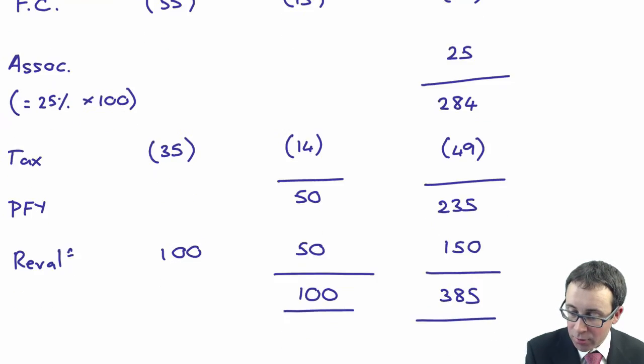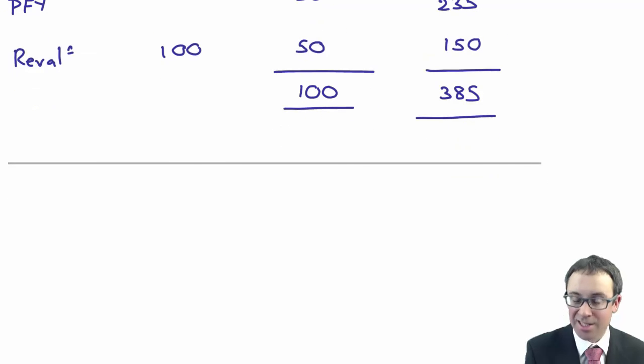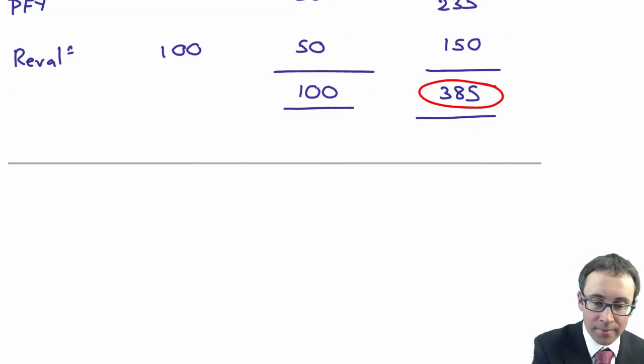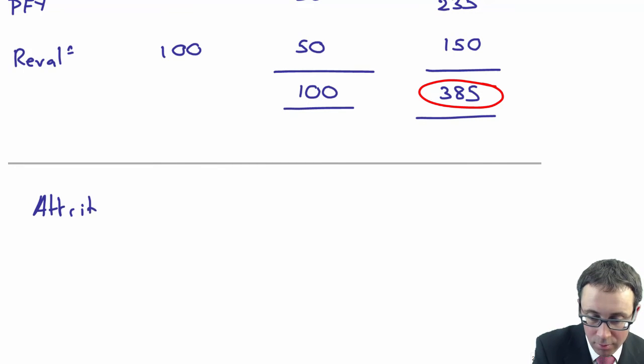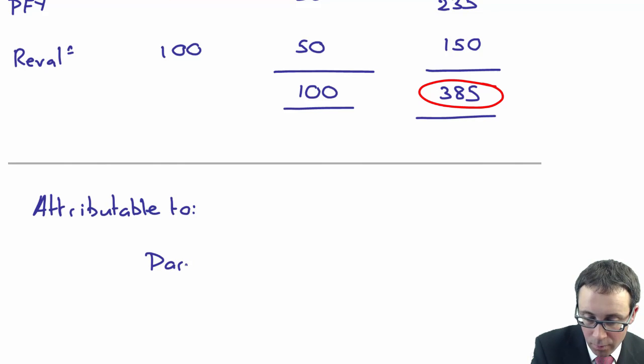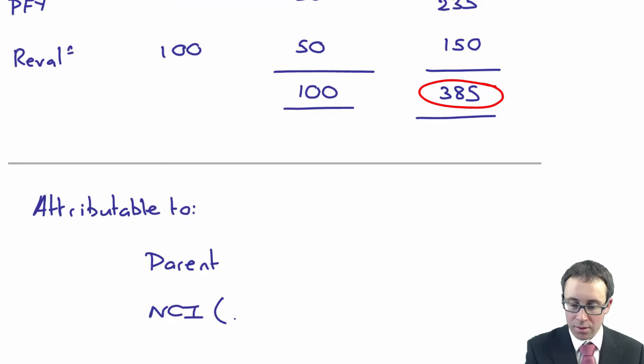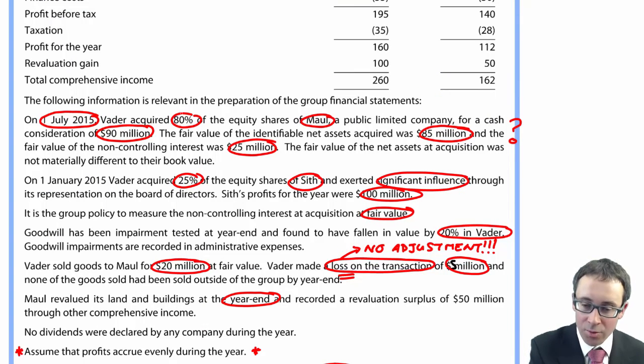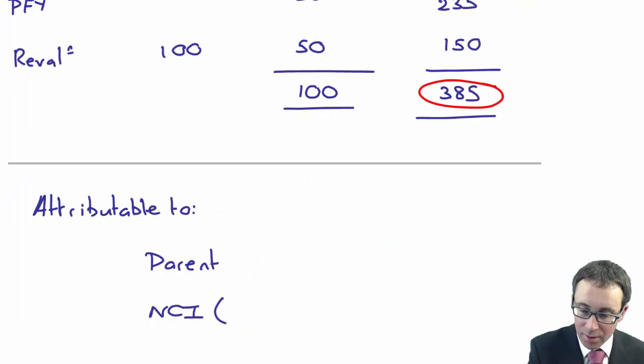So what I need to go through and do now is split that group total comprehensive income for the year. So that is going to be attributable to the parent and the non-controlling interest. Well, the non-controlling interest own 20%, don't they? Because we own 80.